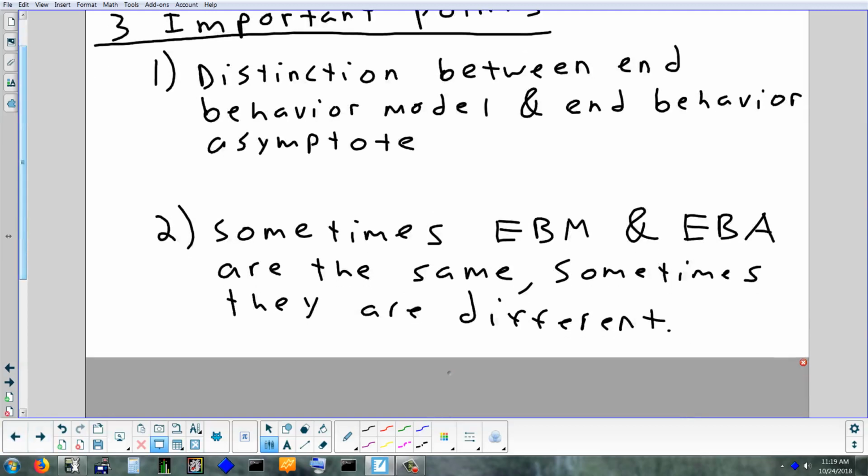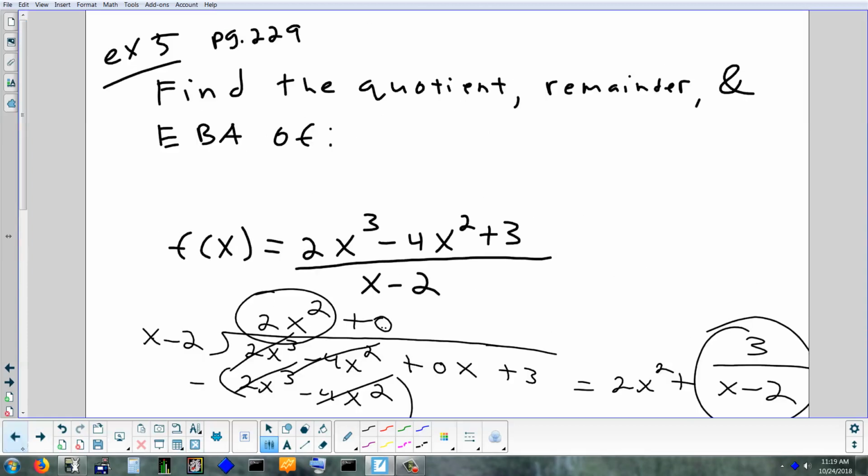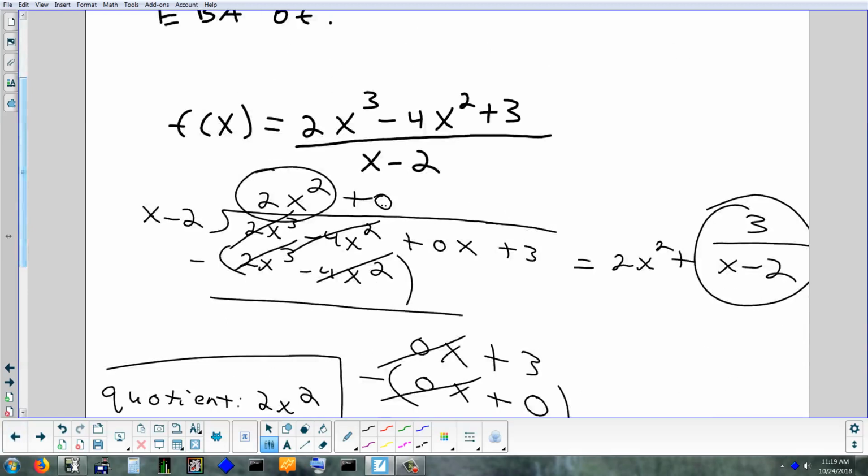The reason they came out the same in that last one is because something special happened. When we did our long division, two things canceled at the same time. If that hadn't been a negative 4x squared right here, I would have had an x term up in the top. And then my EBA would have been like 2x squared plus x.